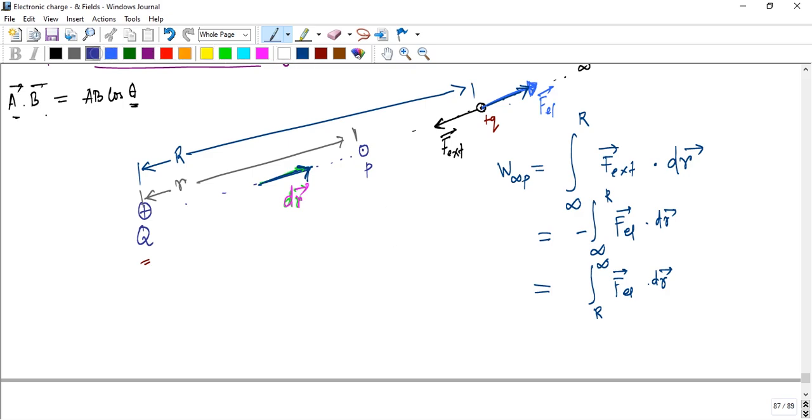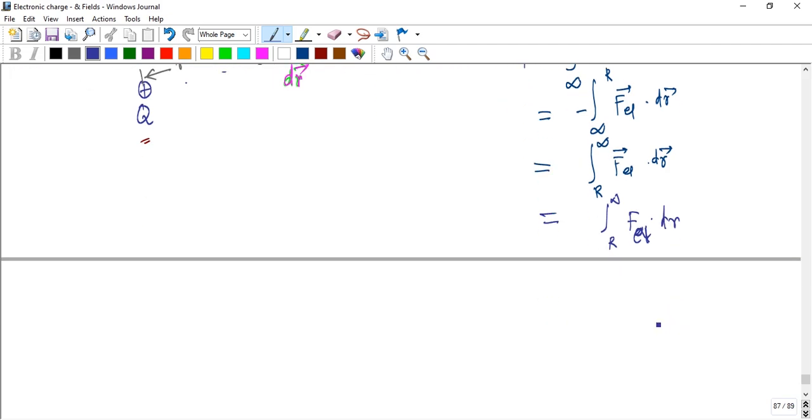So similarly, for the electrostatic force in the same direction, that is the integral from R to infinity of F electrostatic dr. And you know that the electrostatic force is the Coulomb force, so that is the integral from R to infinity of capital Q small q by 4 pi epsilon naught R square dr.